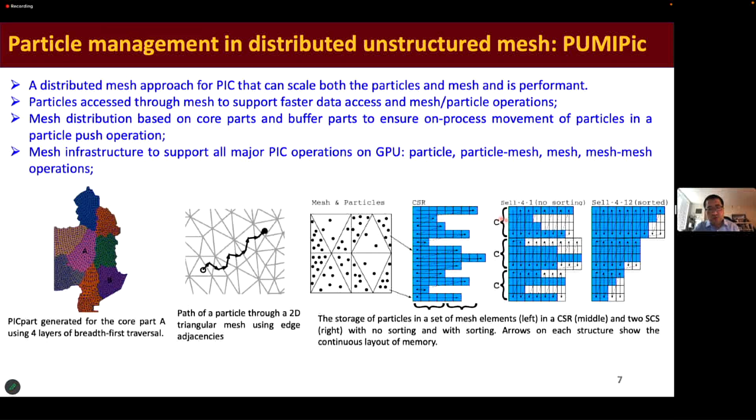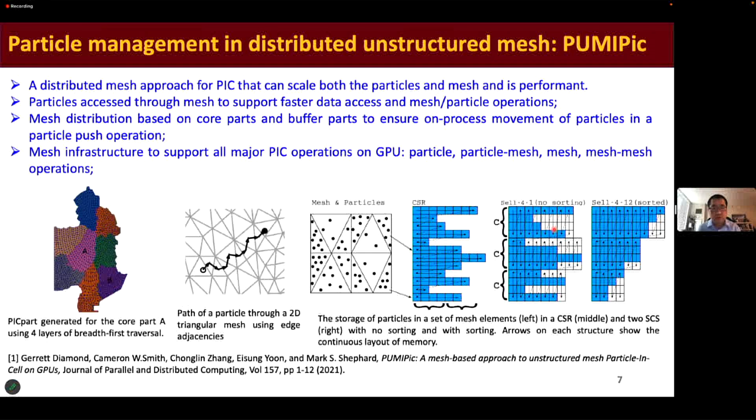The main data structure we use is called the Cell C-sigma data structure. This is work by Dr. Diamond.